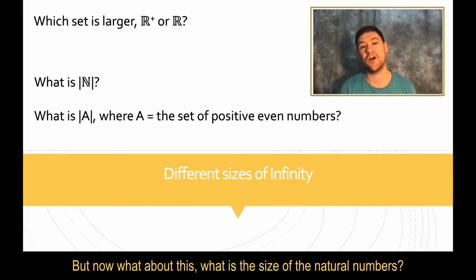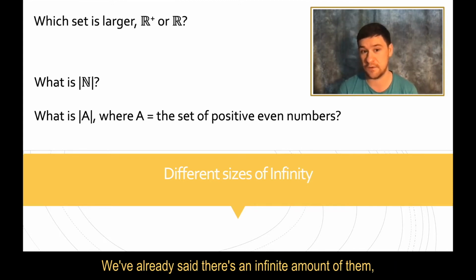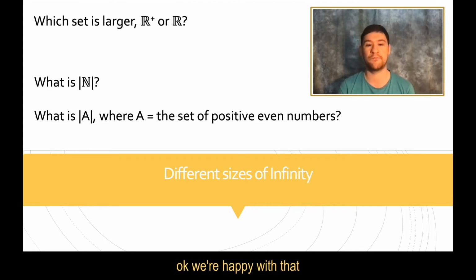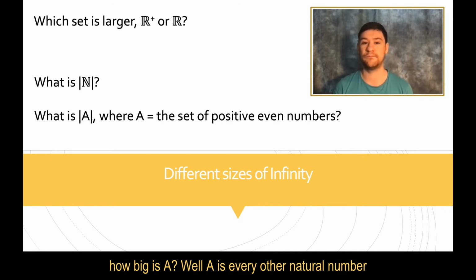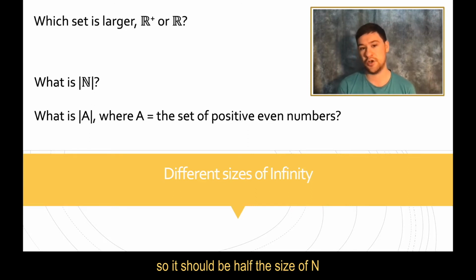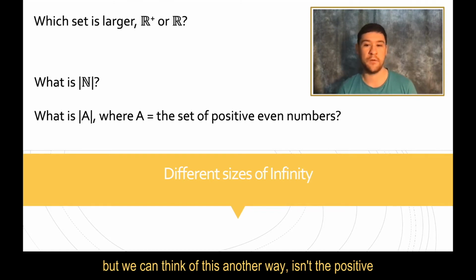But now what about this? What is the size of the natural numbers? We've already said there's an infinite amount of them. Okay, we're happy with that. If we let A be the set of all positive even numbers, how big is A? Well, A is every other natural number, so it should be half the size of N. But we can think about this another way.